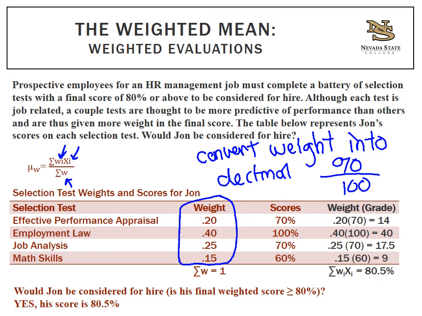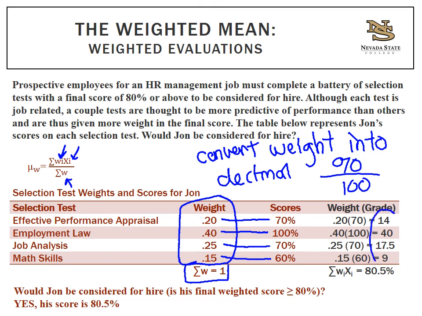So you take that weight that is now a decimal, make sure that you add them up, you get a sum of 1 because that's 100% of the evaluation. You have 0.20 times 70, you don't change that into a decimal, you keep it 70, you get 14. 0.40 times 100, 40. 0.25 times 70, 17.5, and 0.15 times 60 is 9.